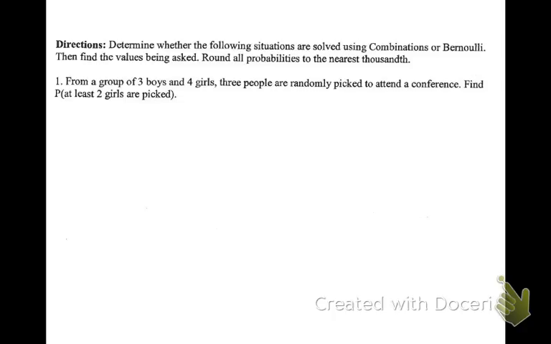The first thing we're going to do is determine whether the following situations are using combinations or Bernoulli. And the way you're going to do that is by looking at if the probabilities are fixed or not fixed. Combinations are not going to be fixed probabilities.